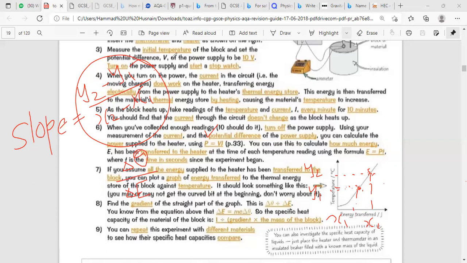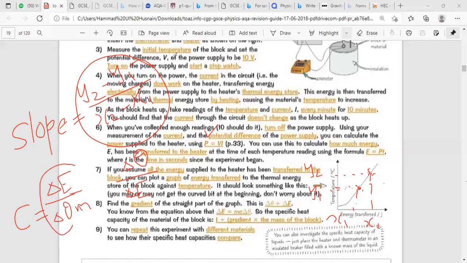So the specific heat capacity of the material of the block is 1 by the gradient into mass. It is saying the same thing, that in the case of C, we have delta E divided by delta theta into m. We had this formula.